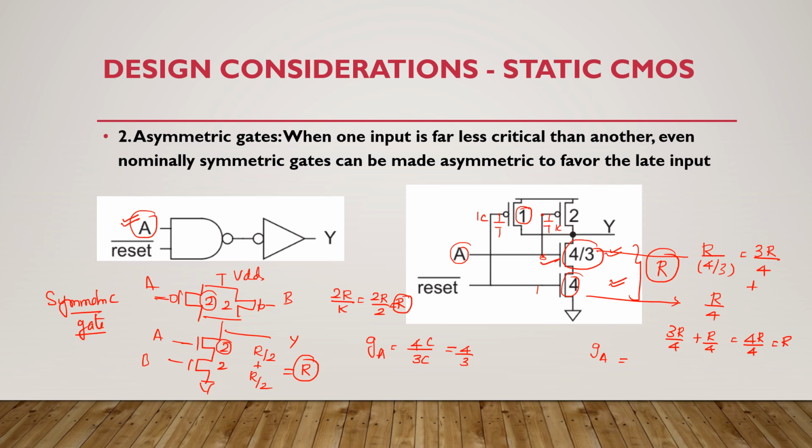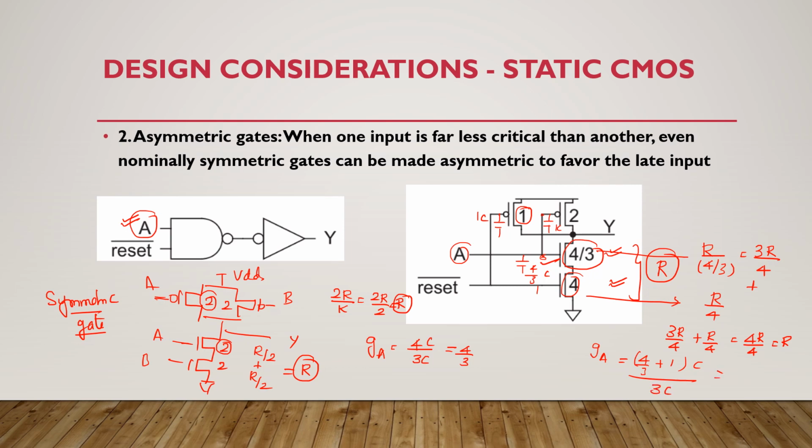So here how much capacitance is? It is nothing but the 4 by 3 capacitance. So totally 4 by 3 plus 1C capacitance. So how much it is divided by? We know that the inverter has 3C.